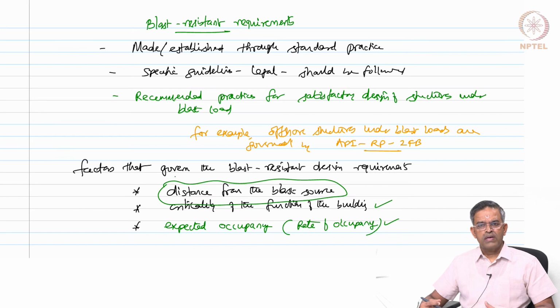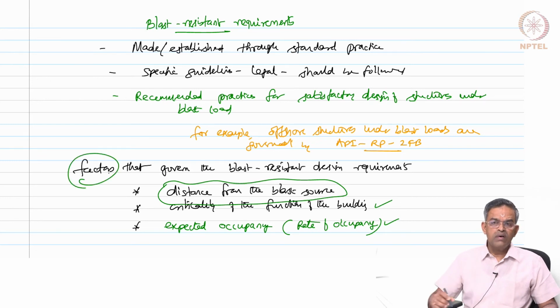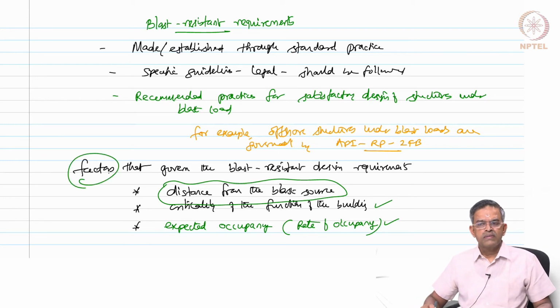One of the important factors is the distance. If it is located much farther away from the probable blast source, then that unit or that part of the building need not be designed for blast loads. So, we are not looking here at the recommended guidelines specifically by any code. We are looking at the factors that govern these guidelines.